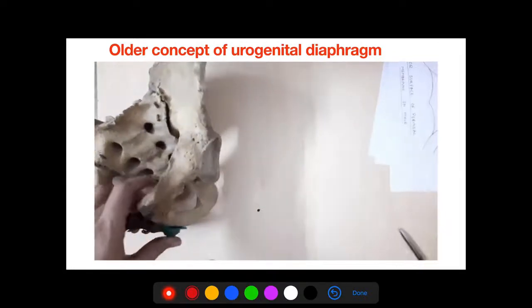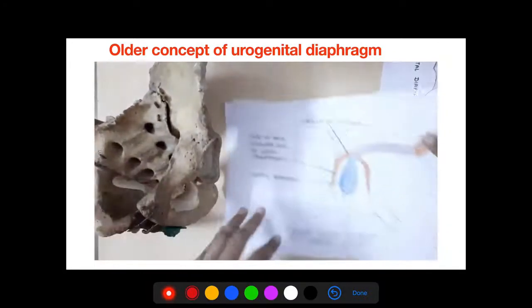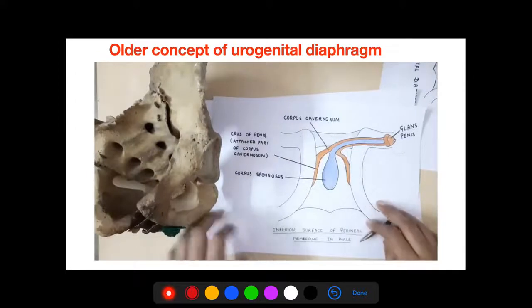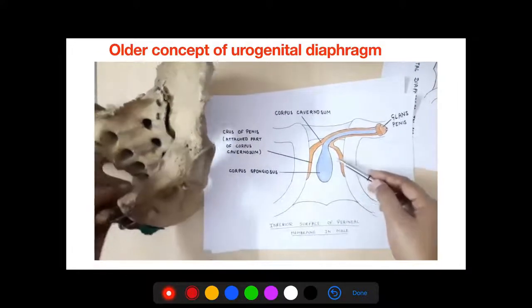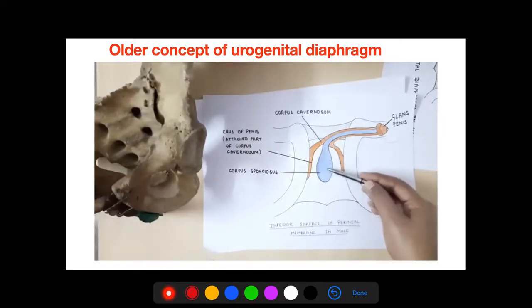Here in this diagram you can see this is the male perineal membrane, and the middle portion of this perineal membrane, which is covered under the bulb of urethra, is perforated by the artery of bulb, the duct of bulbourethral gland and the urethra.